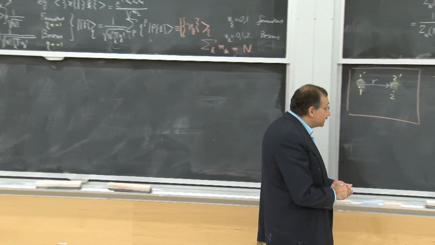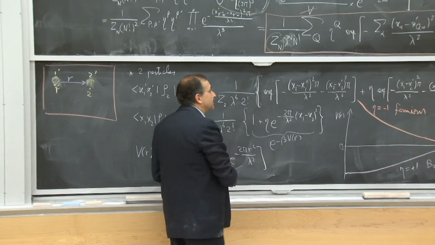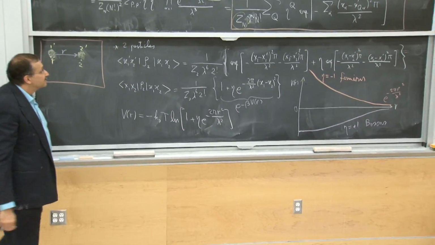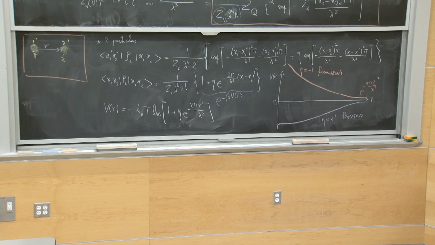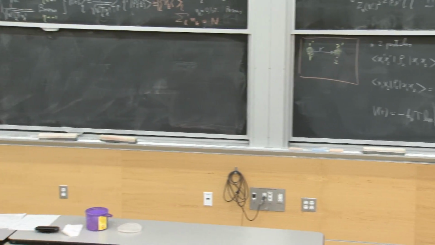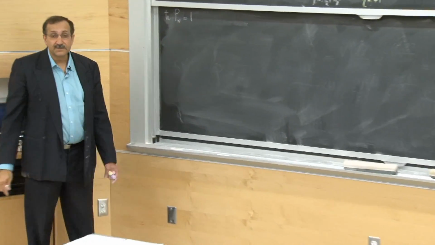So the one thing that this formula does not have yet is a value for this partition function Zn. It gives you the qualitative behavior in either case. Let's calculate what Zn is. Well, that would come from noting that the trace of rho has to be 1.